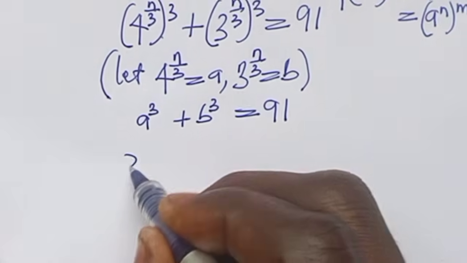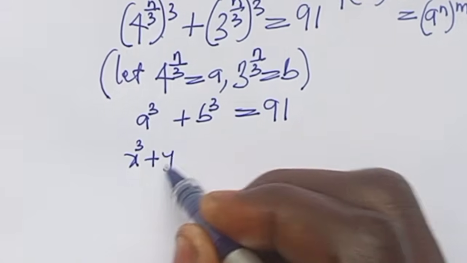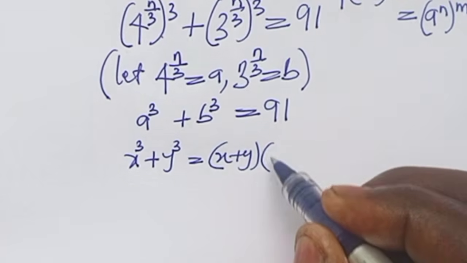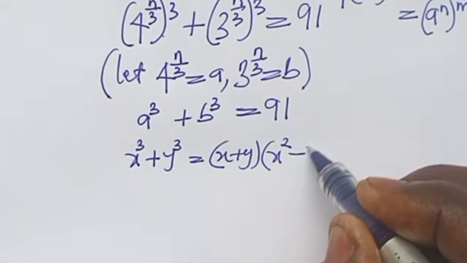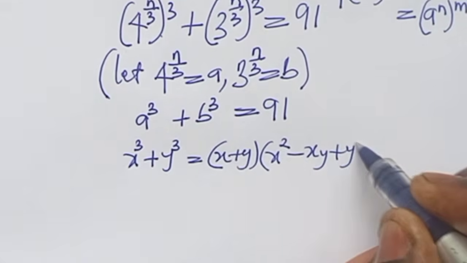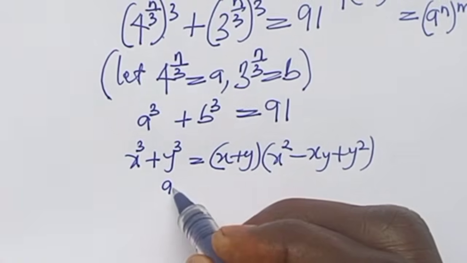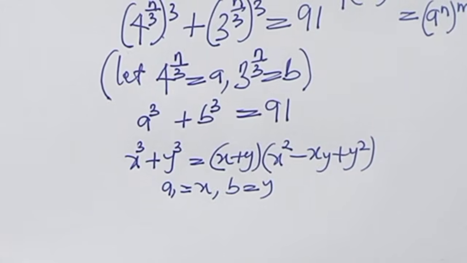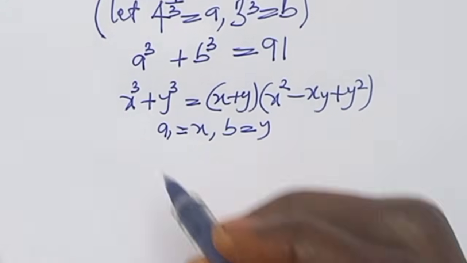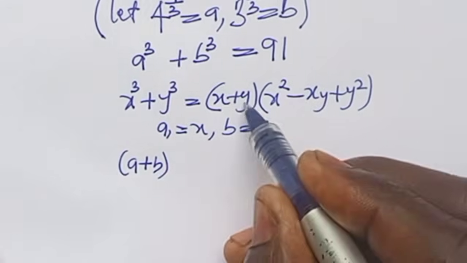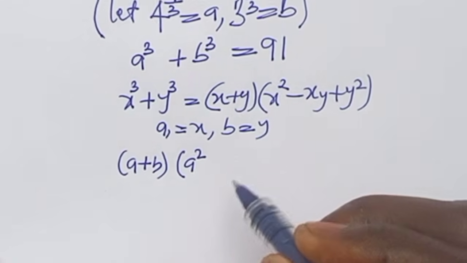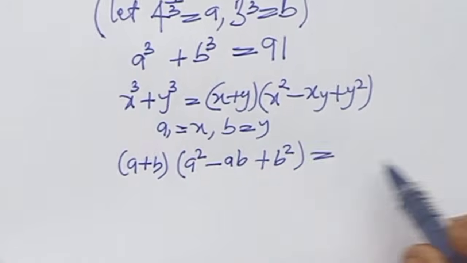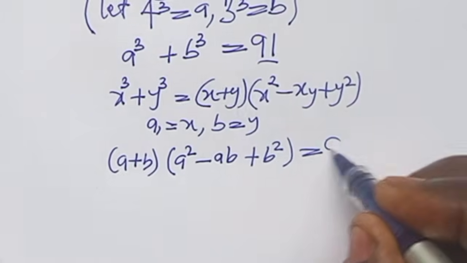But from algebra, we have x to the power of 3 plus y to the power of 3 represented as x plus y times x to the power of 2 minus xy plus y to the power of 2. And a here is equal to x, while b is equal to y. So our equation becomes a plus b times a to the power of 2 minus ab plus b to the power of 2 equals 91.